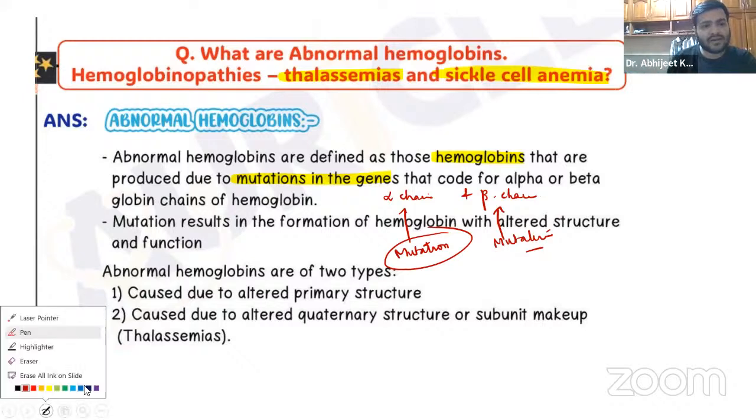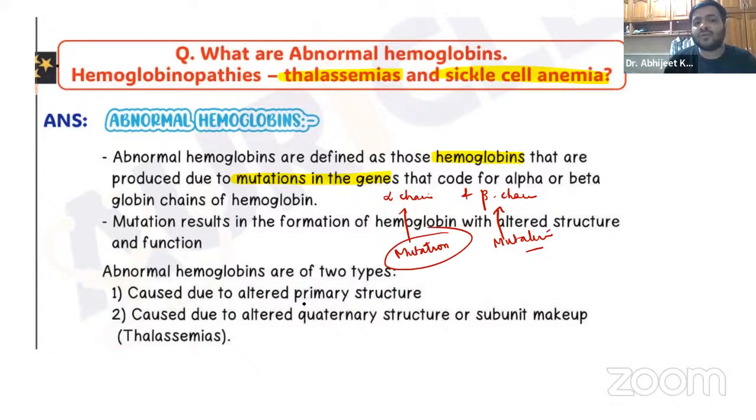The first is due to altered primary structure. We have discussed the primary, secondary, and tertiary structures, which combine to form the quaternary structure, so it can also be due to altered quaternary structure. All these subunits make up the quaternary structure, and if it is disturbed, it leads to a disorder.